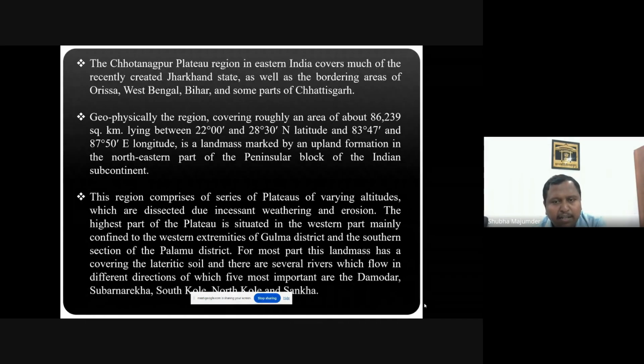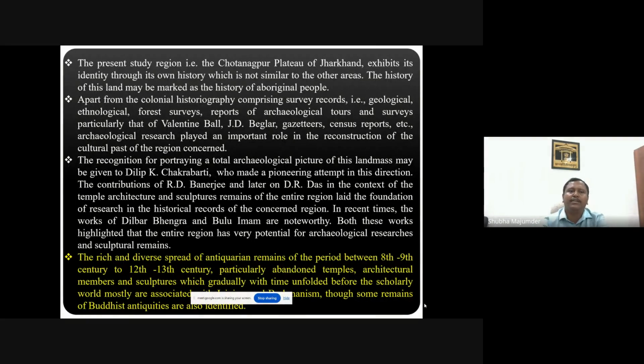The geophysical area covers roughly 86,239 square kilometers between its latitudes and longitudes, and comprises a plateau of varying altitude due to weathering and erosion, with some plain areas also. The Chhotanagpur Plateau of Jharkhand exhibits an identity through its own history, which is not similar to other areas.